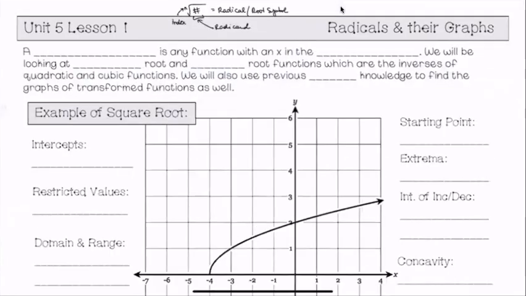So let's go ahead and fill these in. A radical function is any function with an x in the radicand. So under the root symbol, we will be looking at square root and cube root functions, which are the inverse of quadratic and cubic functions.